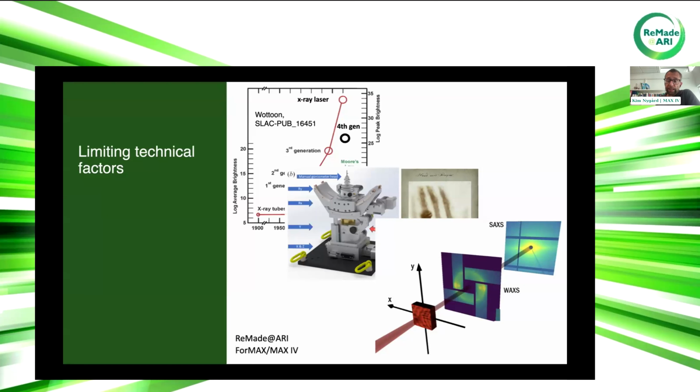Now, if you want to do scanning SWAXS experiments within the project, then although it provides access to several SWAXS beamlines, in practice there are only a few that are really suited for this. At Formax, this is really one of the key techniques that we provide, so it's well suited for these experiments.